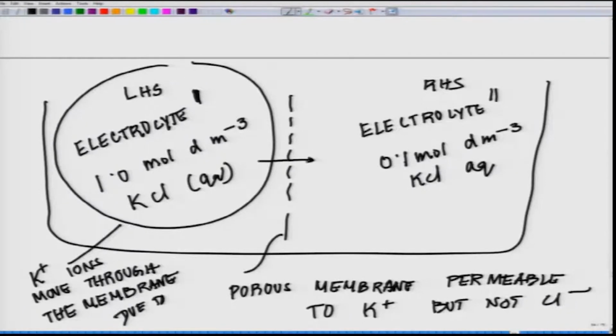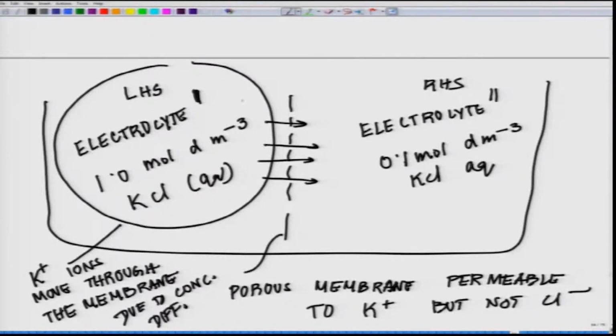So, theoretically, by the concentration gradient they should move in this direction, whichever way you want to put it. Whereas, the movement of the ions results in a small charge on the membrane.